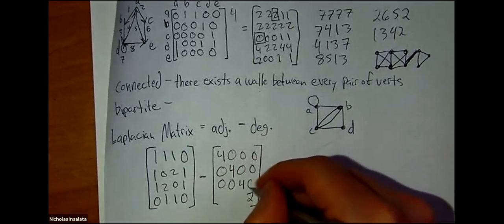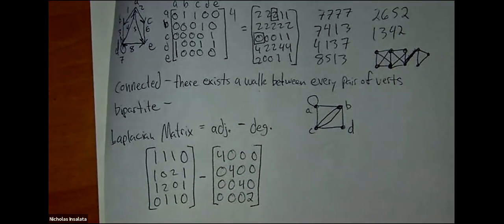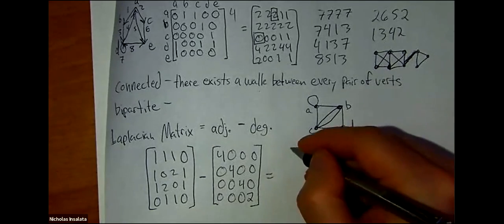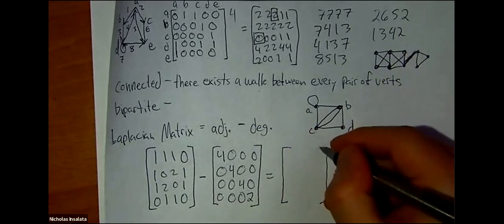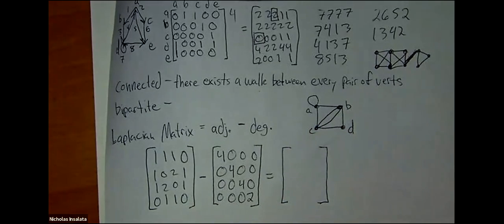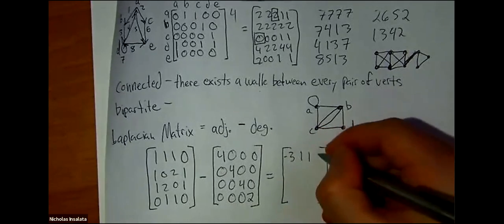Lots of different matrices you can build out of graphs. So there's the adjacency matrix, there's the degree matrix, and if I subtract those from each other, what I'll get is called the Laplacian matrix, named after Pierre Laplace, a French mathematician a couple hundred years ago. Okay, so what I'm going to get is -3, 1, 1, 0.